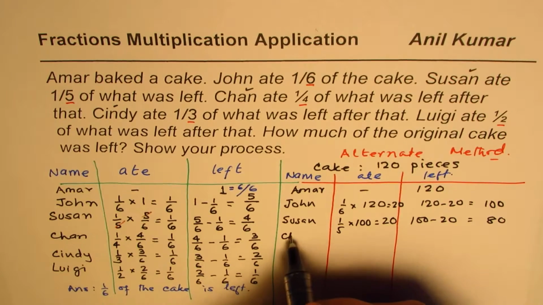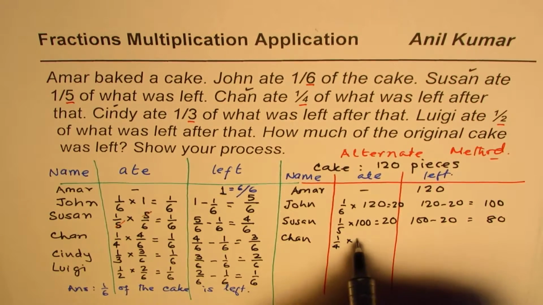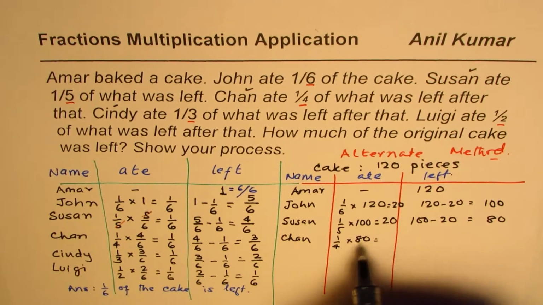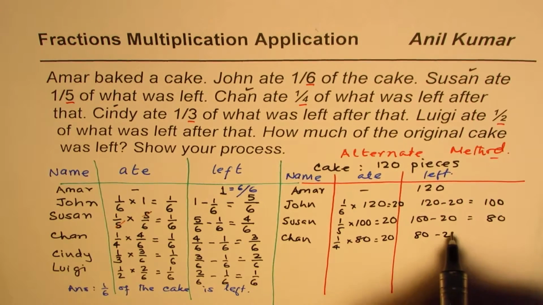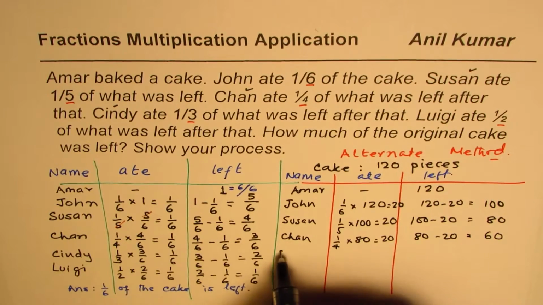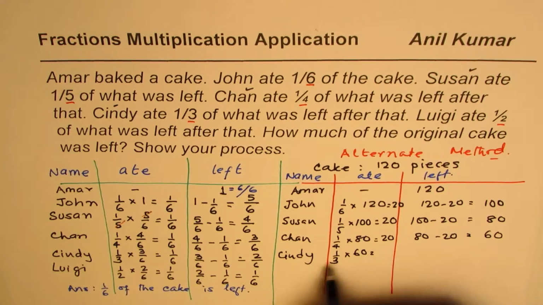Next person, Chan, ate 1/4 of 80, right? Chan ate 1/4 of what was left, and that is again 20. And if you take away 20 from 80, 60 is left. Is that okay? Then Cindy ate 1/3 of what was left, which is 60, and 1/3 of 60 is 20.